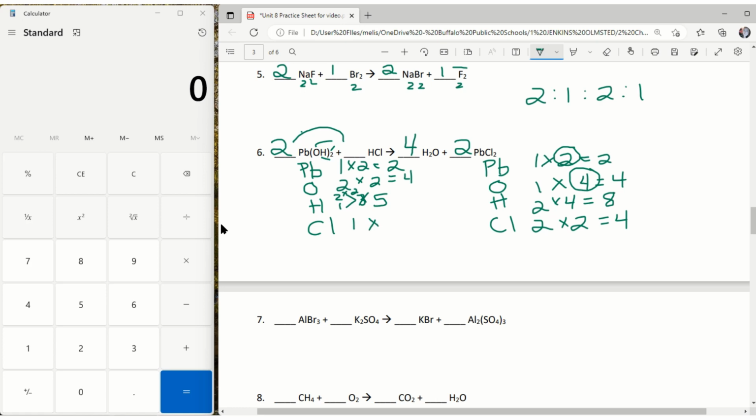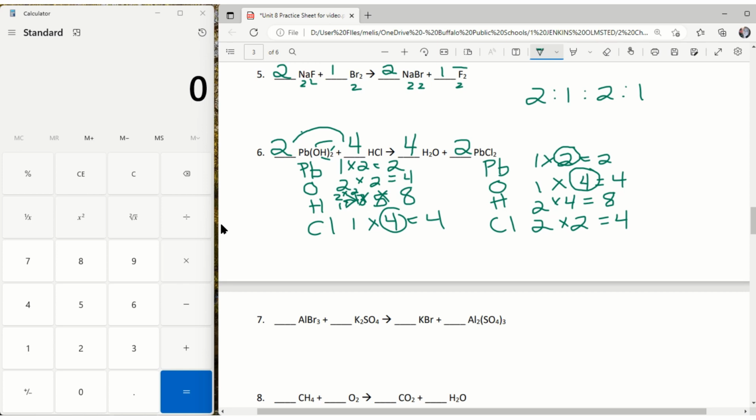When I do that, I multiply it times 4. This becomes the coefficient in front of the CL. And when I do that, well, it is this H. So this H is times 4. So I have 2 times 2, which is 4, and 1 times 4, which is 4, which is 8.